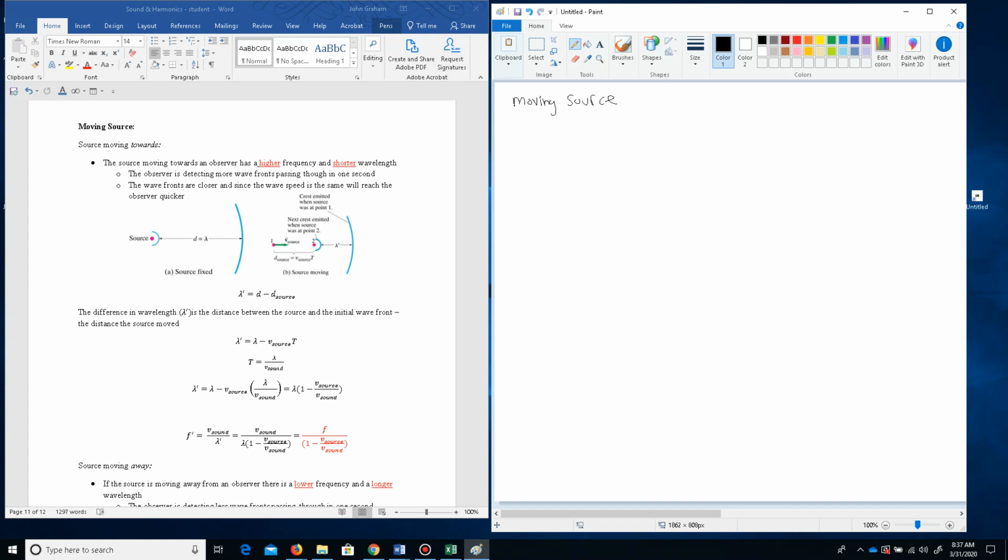Alright, so we can take this equation and substitute in for the distance of the source the velocity of the source times time.